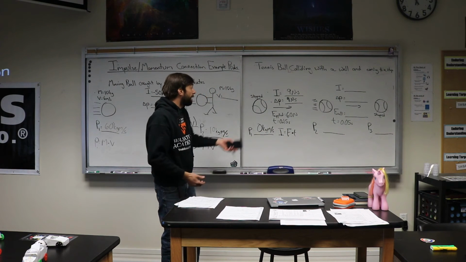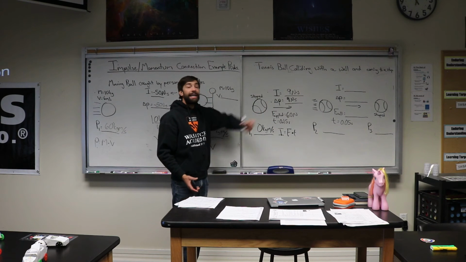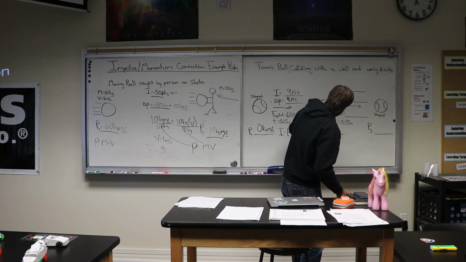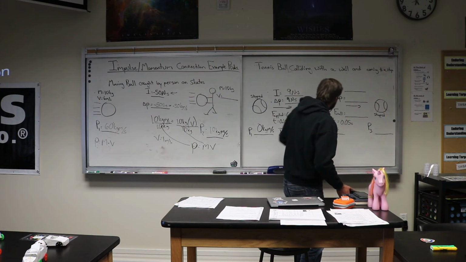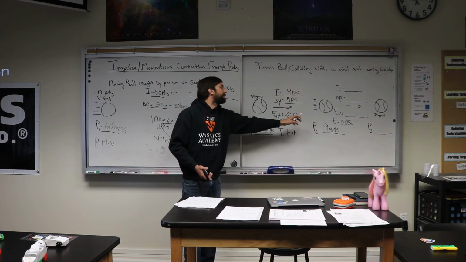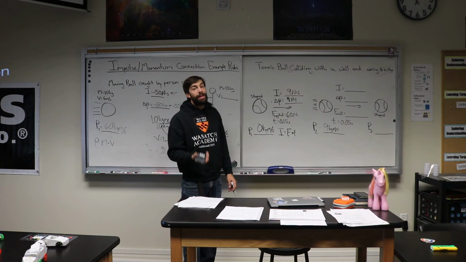Well, how much did it change by? It changed by 9. It started at 0, it gained 9, and so our new momentum is 9 kg m over s. And I know it's probably a little bit weird switching between Newton seconds and kg m/s, but just know they're the same thing.